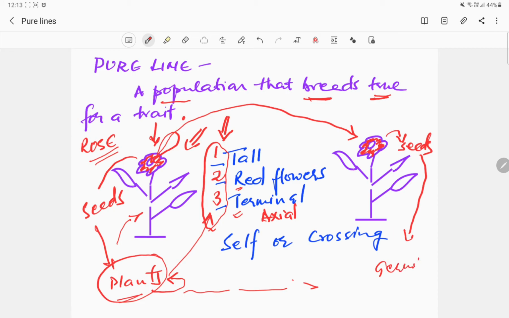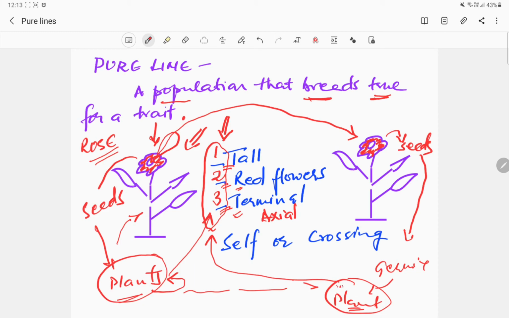If all of the plants that are produced represent the same characteristics, with no alteration in the traits, for example all the plants are still tall, none of them are dwarf, all the plants have red flowers, and the flowers are terminal, then we say that the characteristics have been conserved.